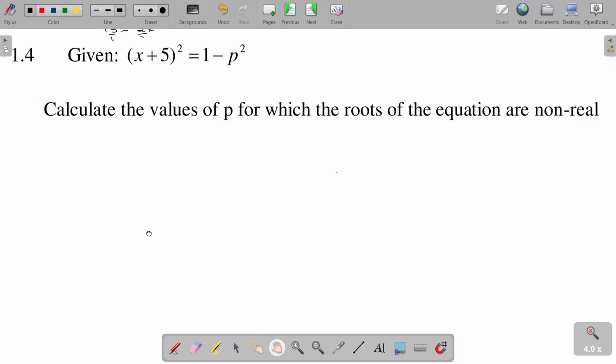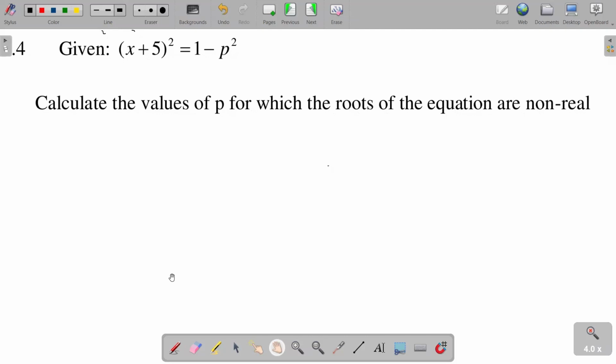All right, we are now on question 1.4. We are given that equation, and you are required to calculate the values of p for which the roots of the equation are non-real.